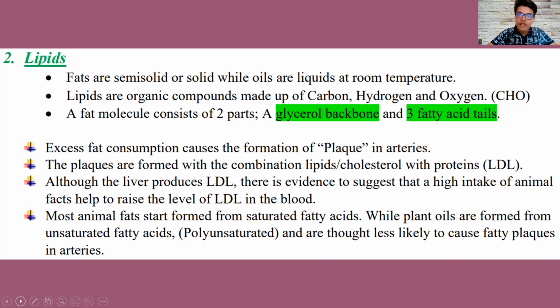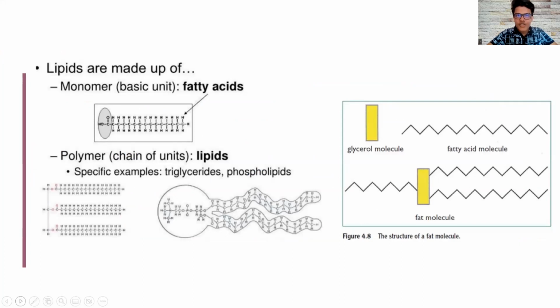Also have in mind that most animal fats form saturated fatty acids, whereas plant oils form unsaturated fatty acids. And these plant oils are considered to be healthier than animal fats. So when considering the structure of lipids, as I said before, lipids are made up of 3 fatty acid tails and 1 glycerol backbone, as shown in figure 4.8.